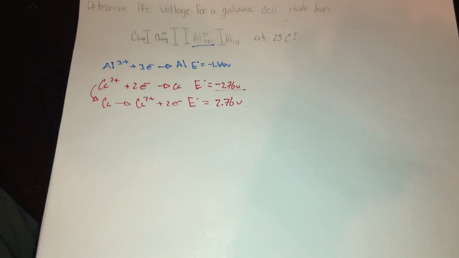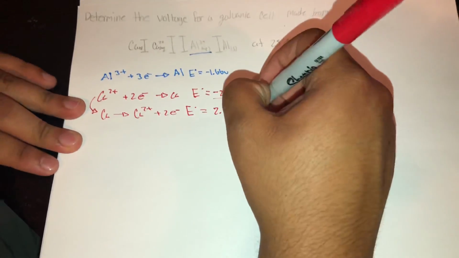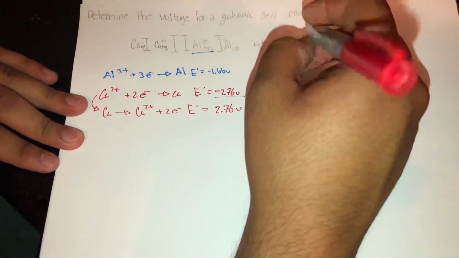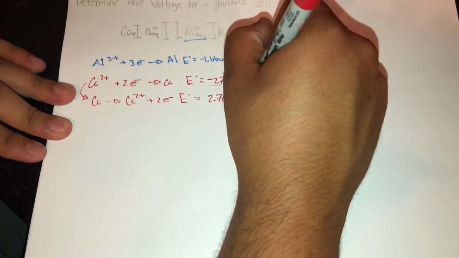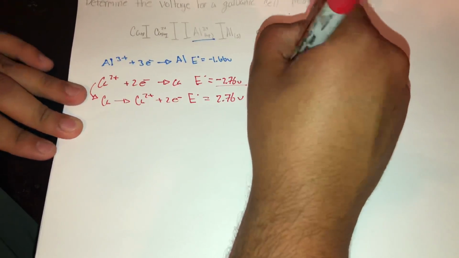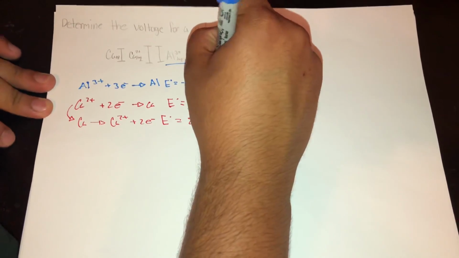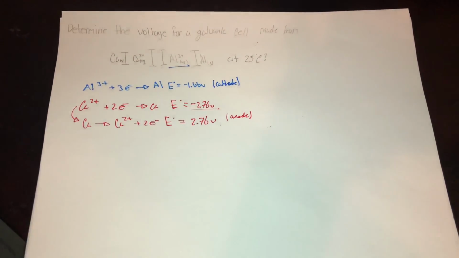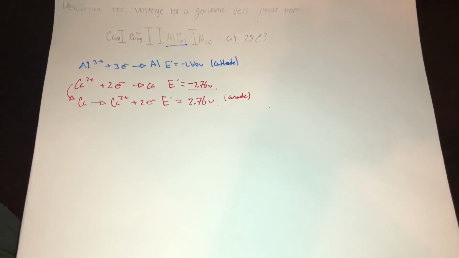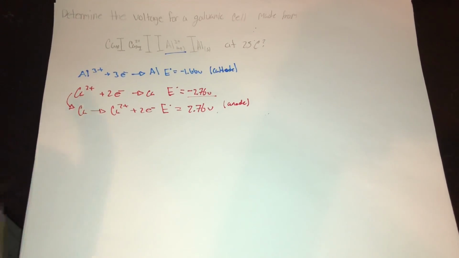So Ca will be the anode, and Al will be the cathode.